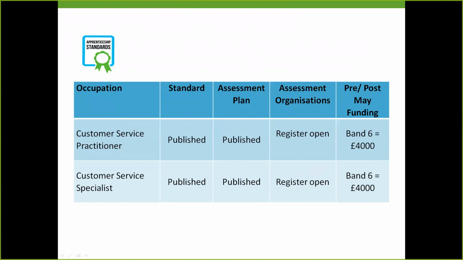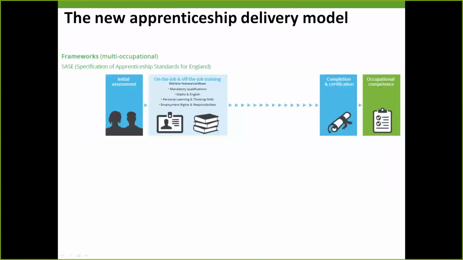When we move on and start to look at the difference between apprenticeship frameworks and apprenticeship standards, for example, what you can see on screen here is essentially a visual of the framework. Typically you would have a learner who would do initial assessment, make sure that they're on the right program, and then there would be a period of on and off the job training. That period of on and off the job training would include your mandatory qualifications, maths and English, personal learning and thinking skills, employers' rights and responsibilities.